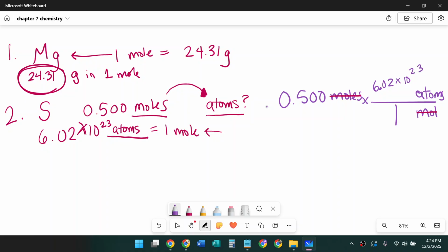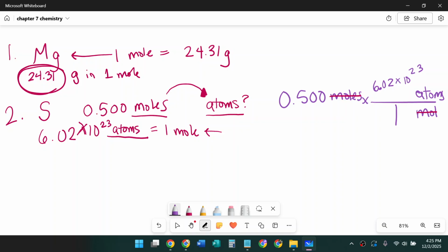If I type this in my calculator, we don't need to worry about ones. Dividing by 1 is going to give you the same number you started with. So just type in 0.500 times 6.02 times 10, and you'll probably have to use a little button on your calculator to raise that 10 to the 23rd power. Usually it looks something like that, or sometimes it'll look something like this.